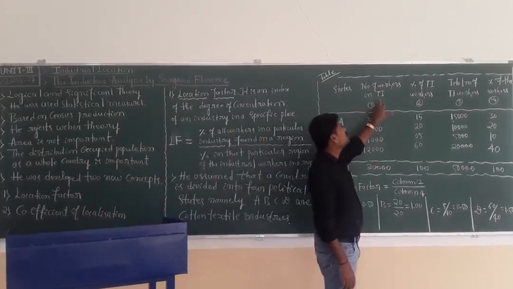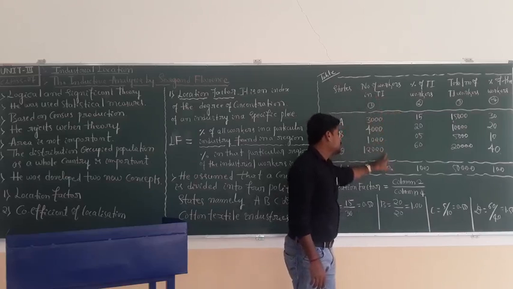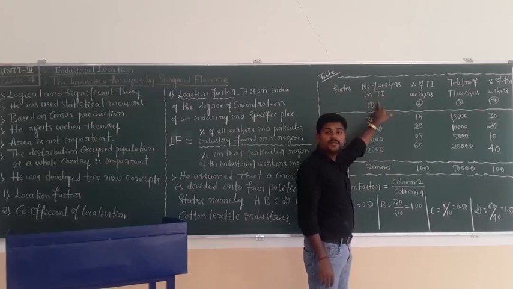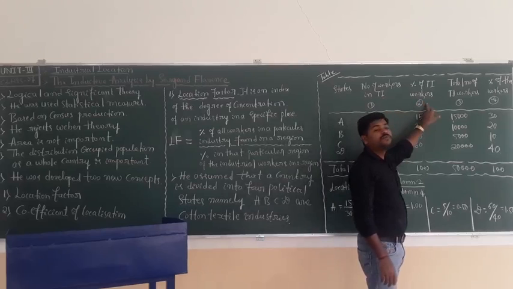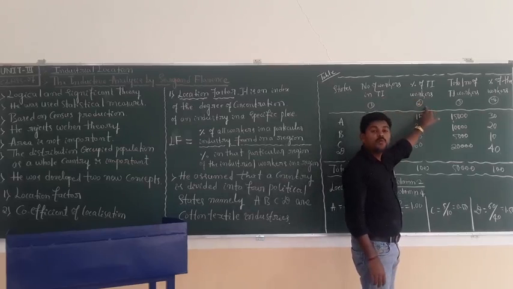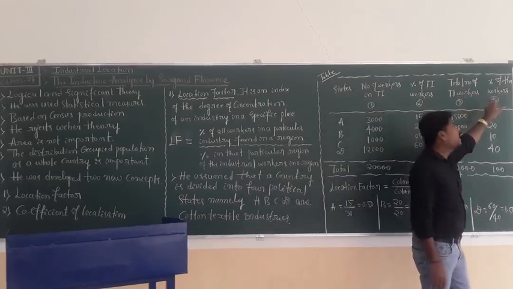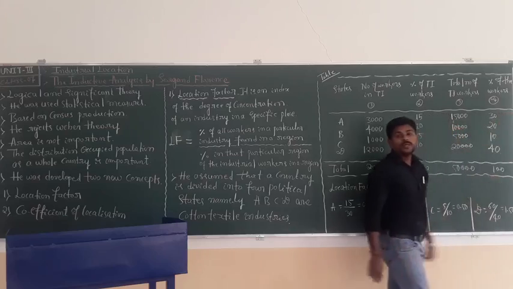The first column is the number of workers in the textile industry, and the second column is the percentage of textile industry workers. The third column is the total number of industrial workers, and the fourth column is the percentage of the workers.